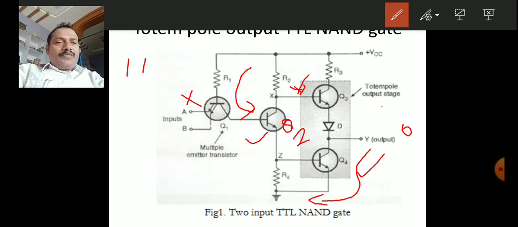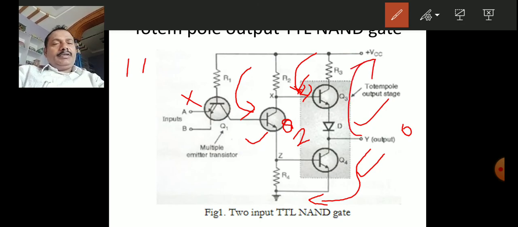This Q4 is also in off condition. Hence, sufficient base current flows through the base of Q3. Hence, Q3 is conducting. Hence, the diode is also conducting. The output is connected to the power supply.